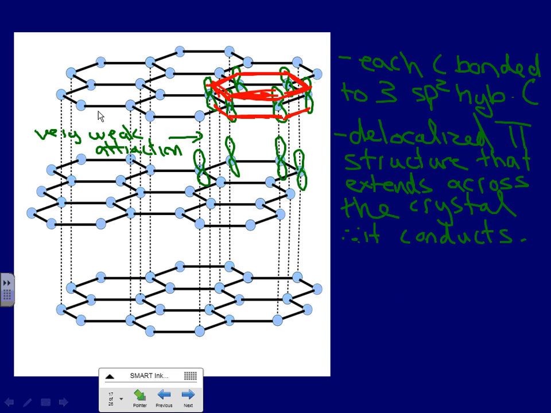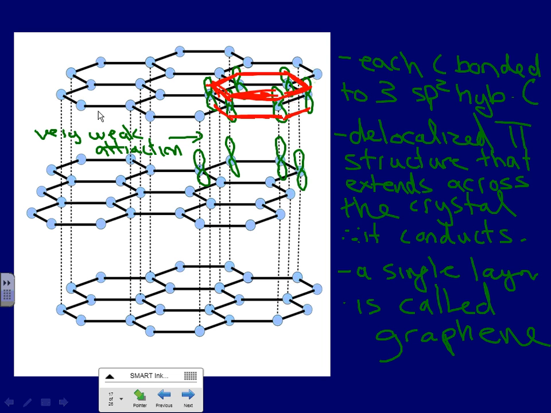I'm going to put one last bit of information with this, because it is a neat thing. A single layer is called graphene. All right? Just to kind of keep it up to date with what we're seeing today.